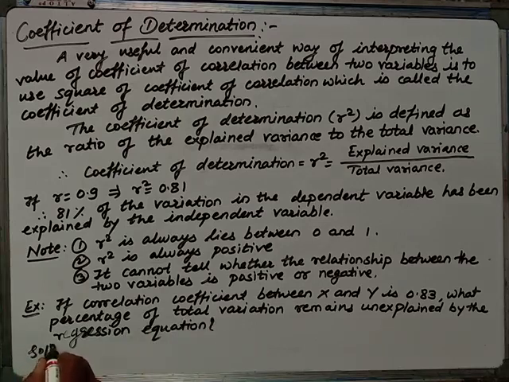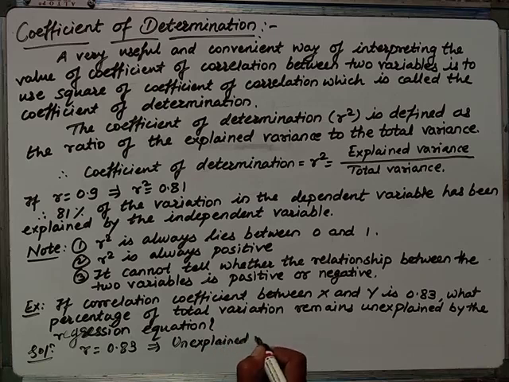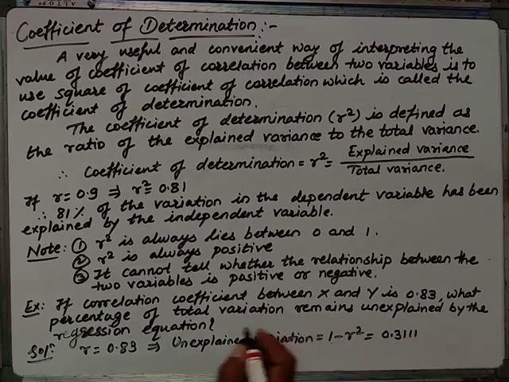Solution for this, a very easy thing. R is equal to what? 0.83 with us, right? This is given. Now from this unexplained variation is what? 1 minus r square. 1 minus r square, we get it is 0.3111.